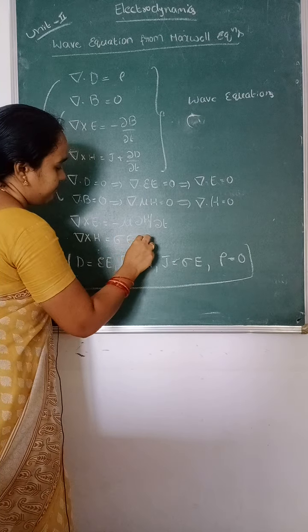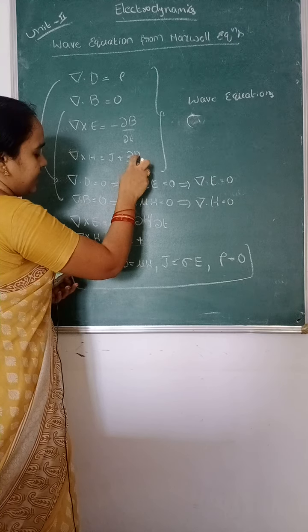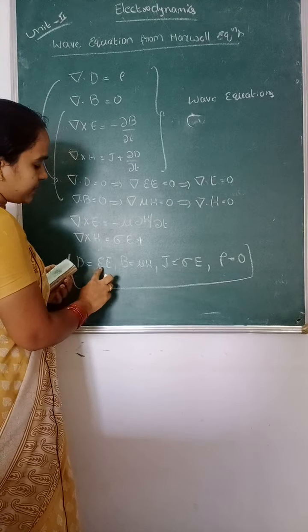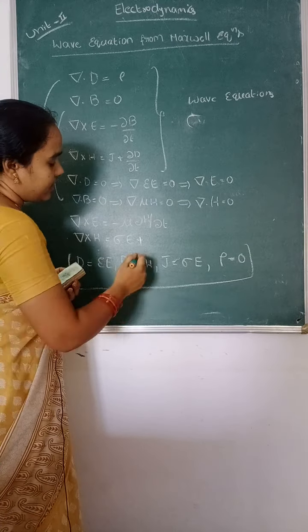Sigma E. And D is replaced with epsilon E. Since epsilon is constant, it is epsilon dou E by dou T.